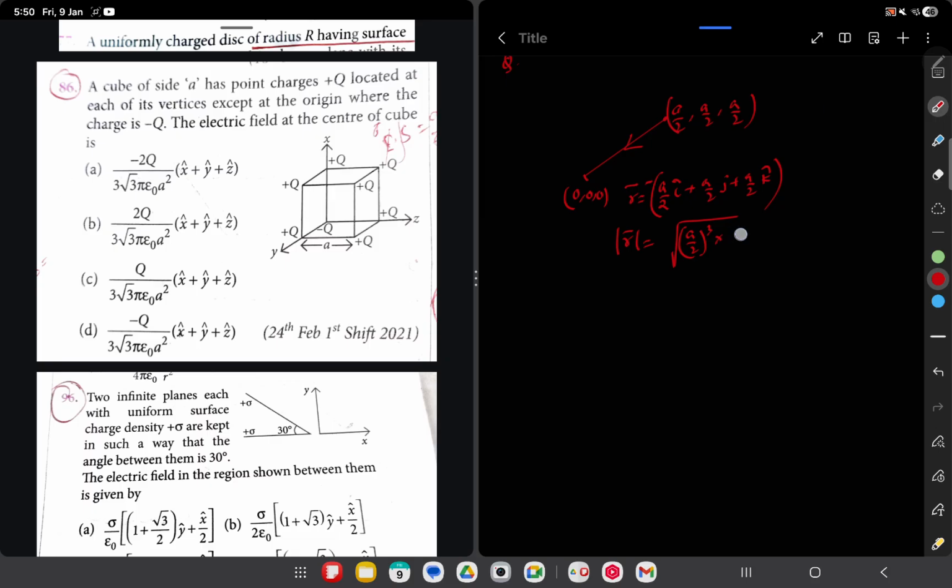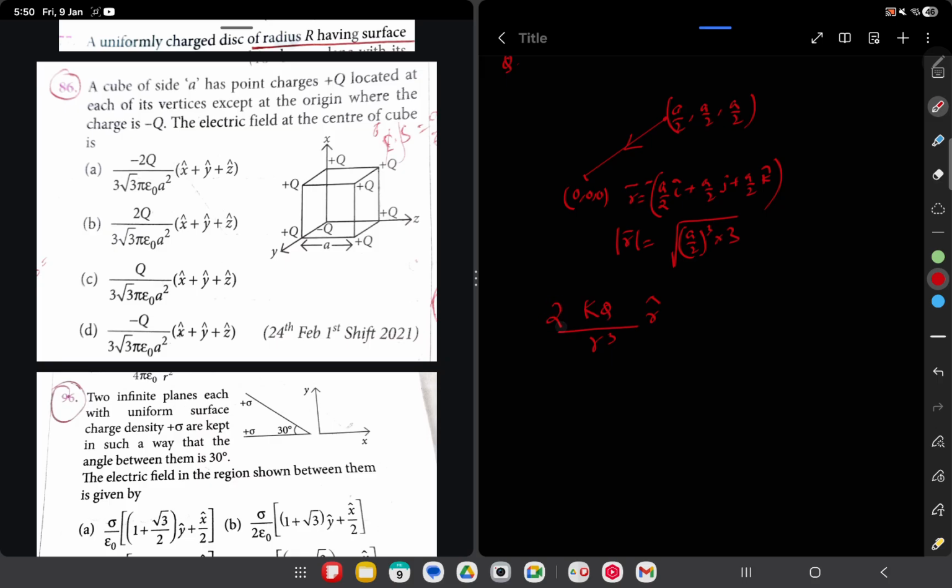The formula is k q by r cube into r cap, where r cap is the unit vector.